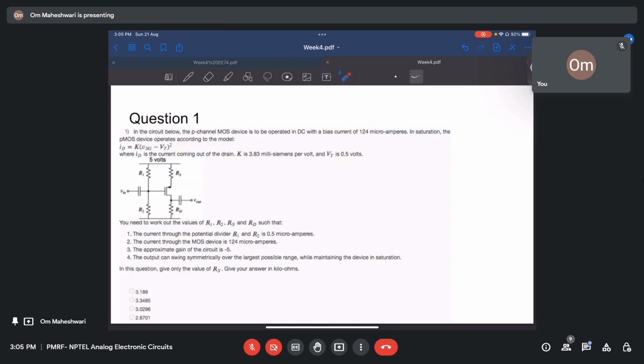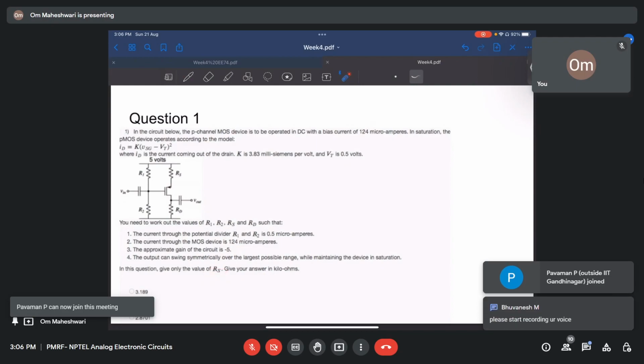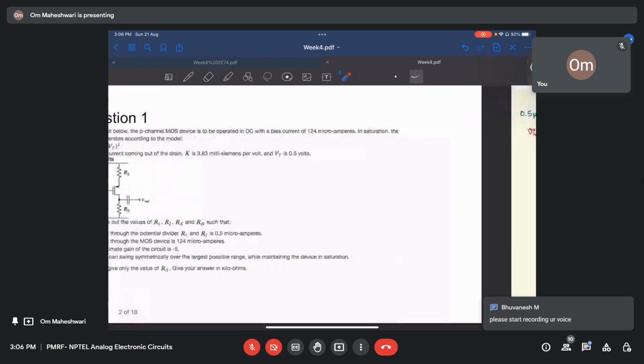VT is 0.5 volts. We have to find the values of R1, R2, RS, and RD. Approximate gain is also given since AC is applied here, so we will have to find gain also. And for the first part, we have to just find the value of RS. Okay, so let us try to solve this first.